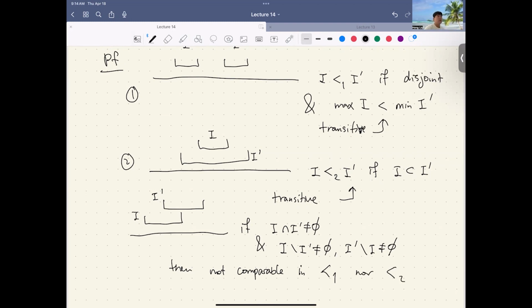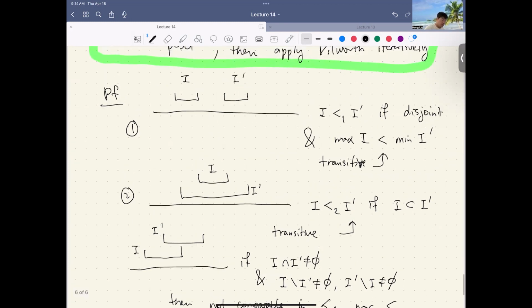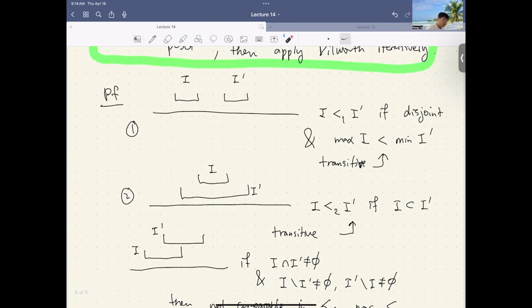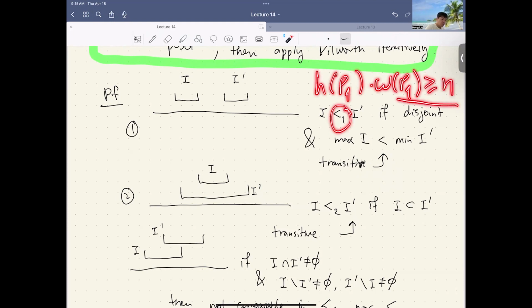Okay, now we can apply Dilworth. Okay, how do we do it? Before I write it down, let me just mention it. What do we know about Dilworth? It says that the height of the poset times the width of the poset is at least the total number of elements, n. What is height again? Height is chain.